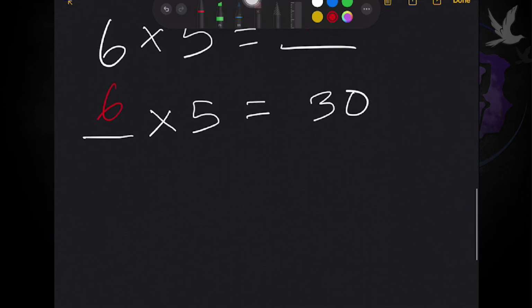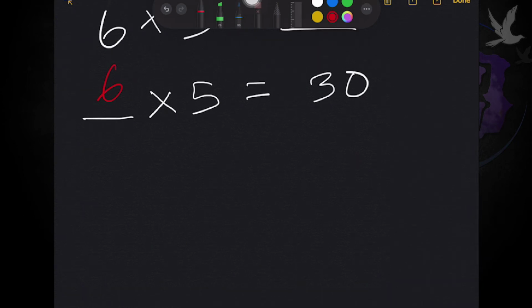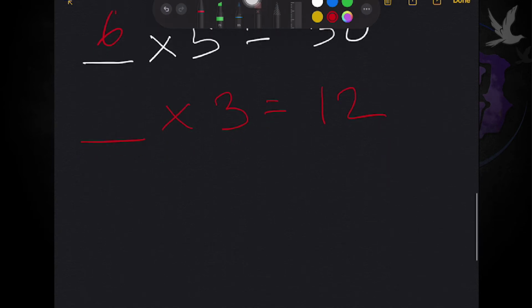Okay? So, let's try daw another number na yung hindi given. Let's say blank times 3 will give you 12. Ano kaya magiging sagot natin dito? Okay? What do you think will you multiply with 3 that will give you 12? Ano kaya? Let's try to group by 3 daw.